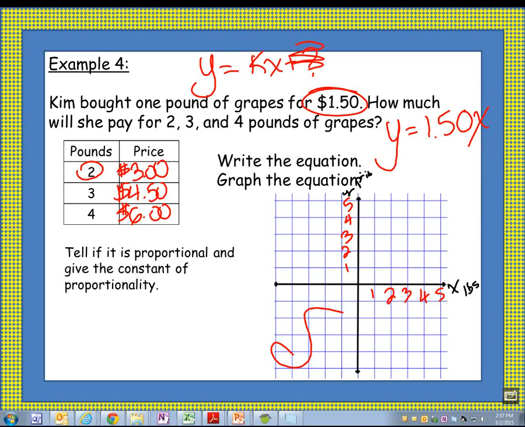So when I have 2 pounds, there is $3. There's 1 point. 3 pounds is $4.50. 4 pounds is $6. Then I'm going to take my school-issued straight edge and draw a graph line. Put an arrow at the end of that.